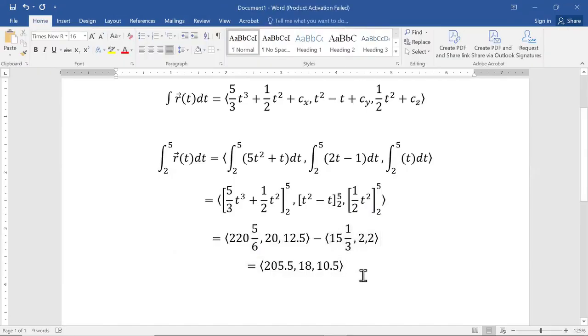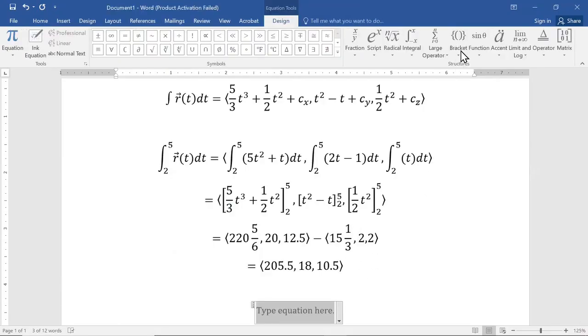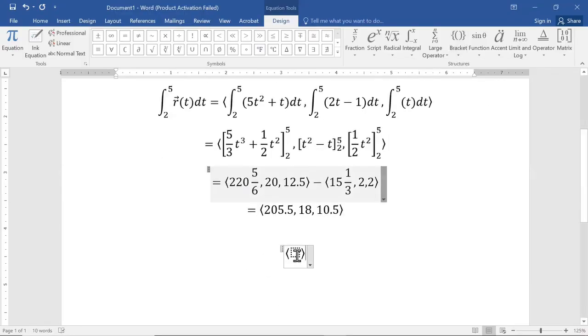Other people would not like that. Other people may use notation in which you plug in the 5 and then you subtract what happens when you plug in the 2 in the x component. So they plug in the 5, get 220 and 5/6.